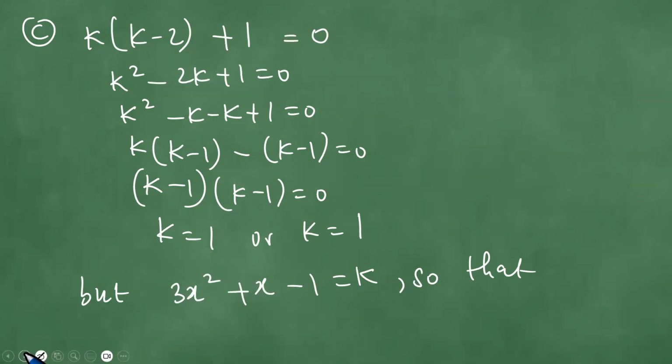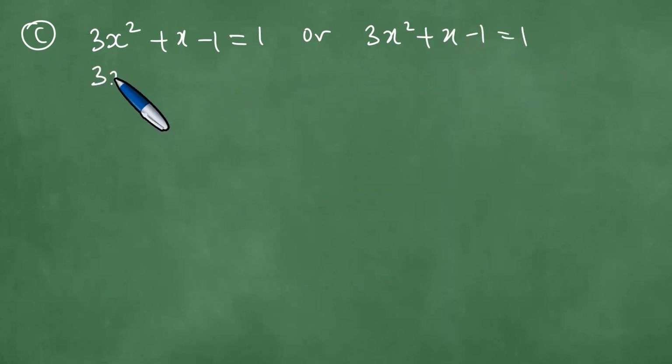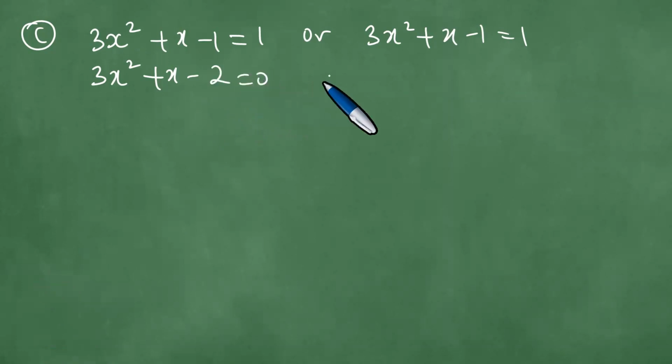Okay, so in part C, we have 3x squared plus x minus 1 equals 1. This is exactly 3x squared plus x minus 2 equals 0, or we have 3x squared plus x minus 2 equals 0.